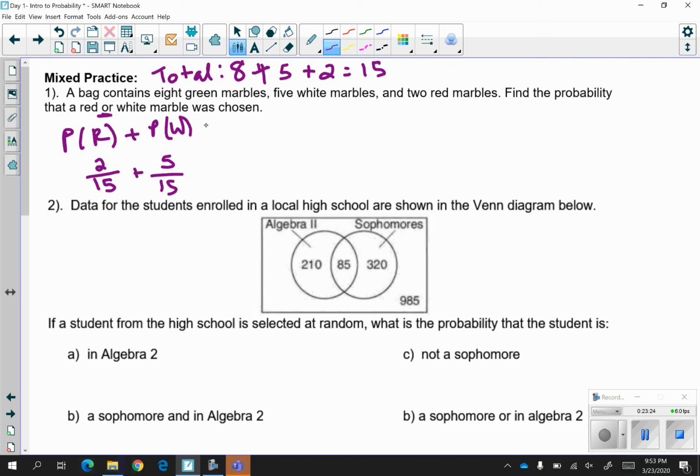And technically, you would have to subtract the overlap, the probability of getting red and white. You can't get one marble that is red and white at the same time. They all have their own distinct colors in this case. So that's just going to be 0 because it's not going to happen. You end up with a probability of 7 over 15. You probably didn't need the formula for this one, but as problems do get harder, you will need to use it.